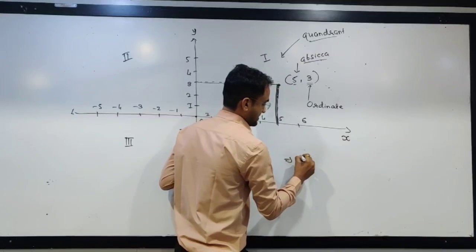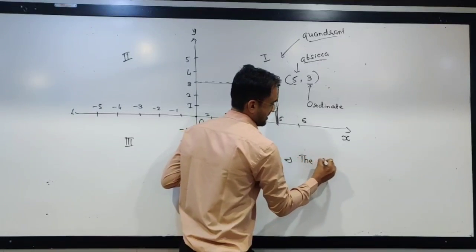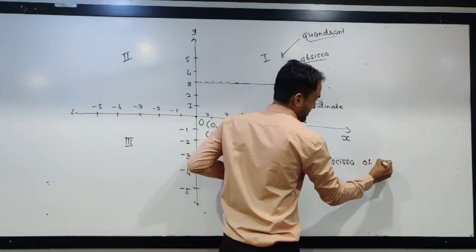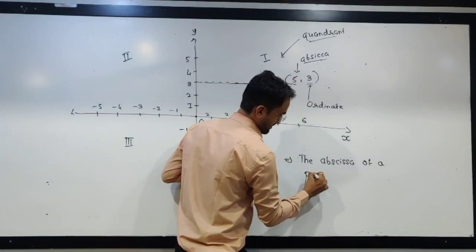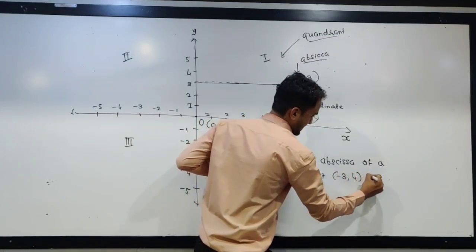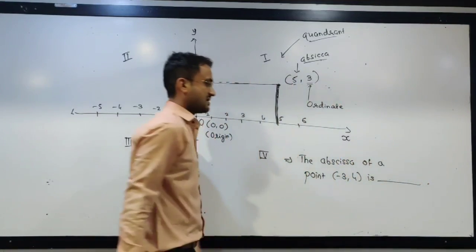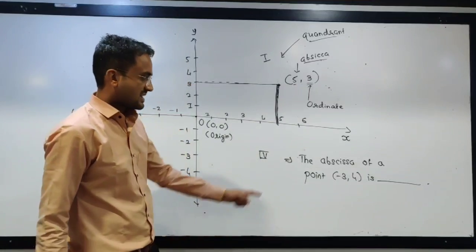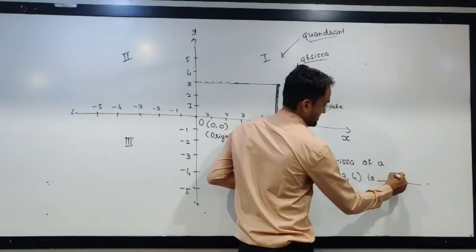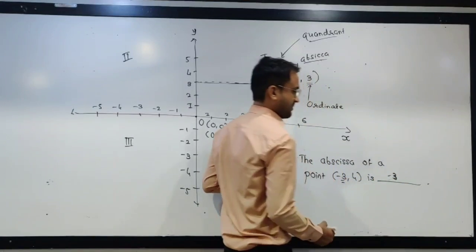So if I ask questions like this: the abscissa of a point (-3, 4) is blank. What is the abscissa of this point? Abscissa means x-coordinate, so it will be minus 3.